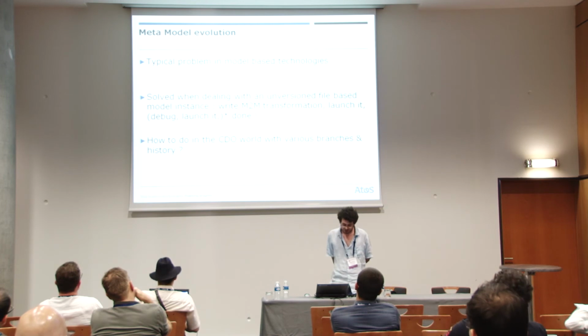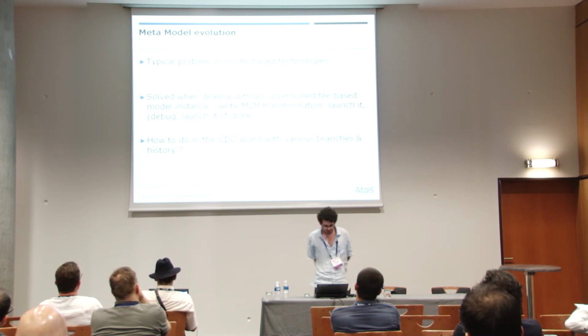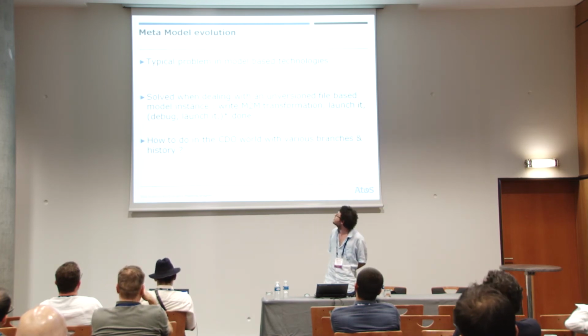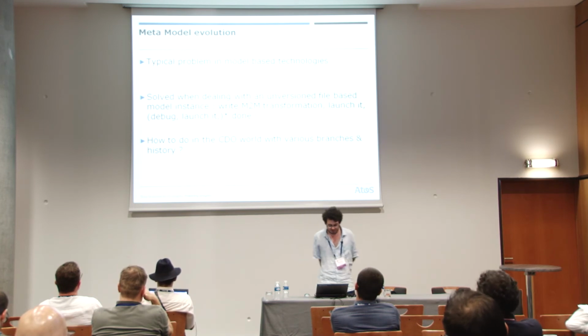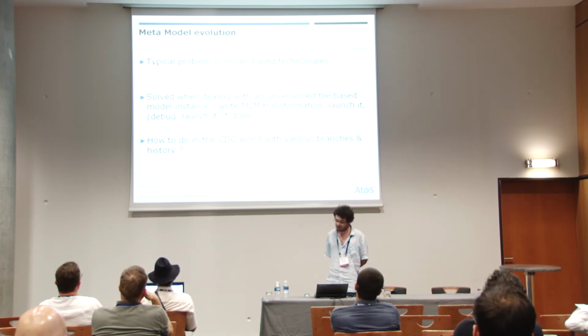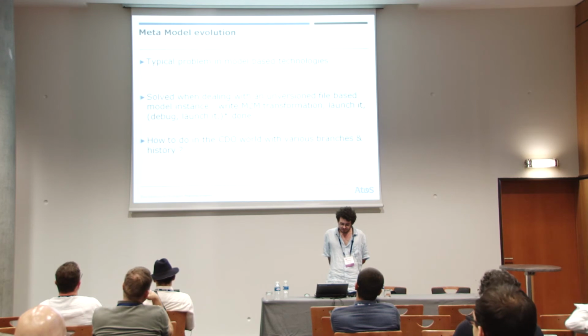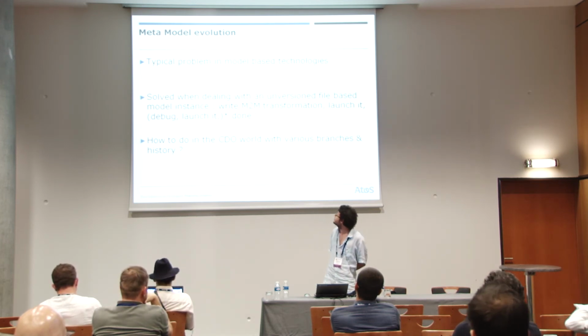Metamodel evolution. This is the typical problem that is currently solved using M2M technology like ATL. But in the CDO world, you have to deal with the history and the branches.